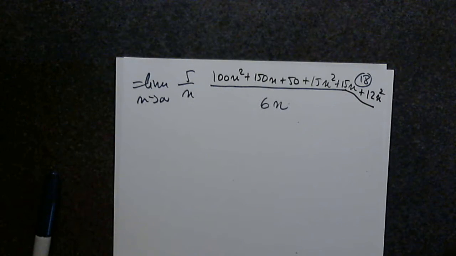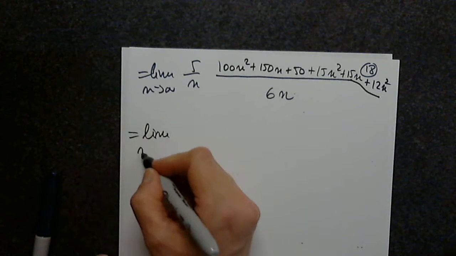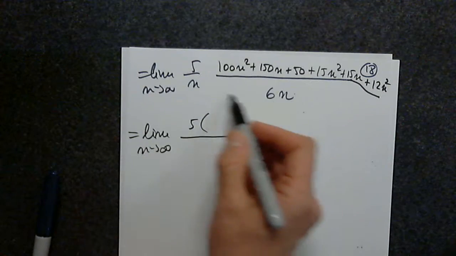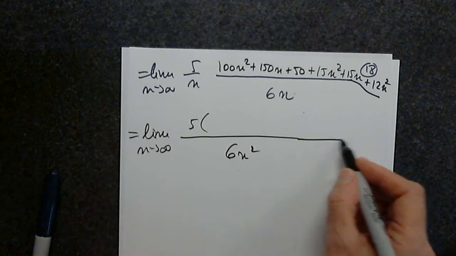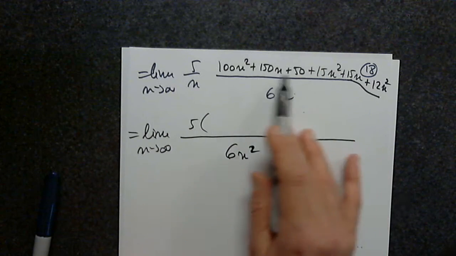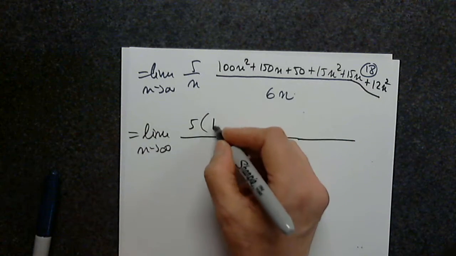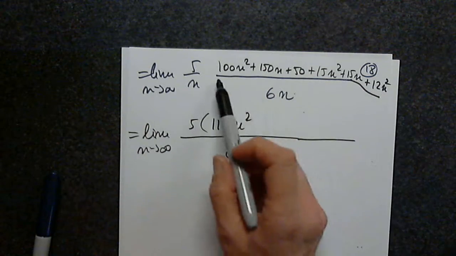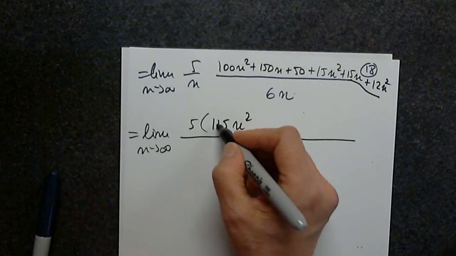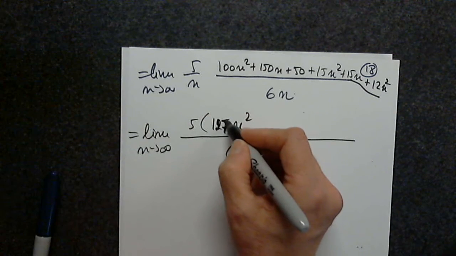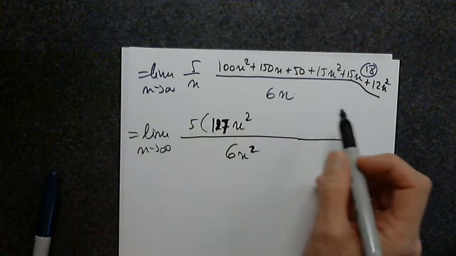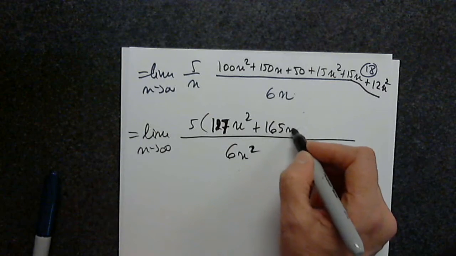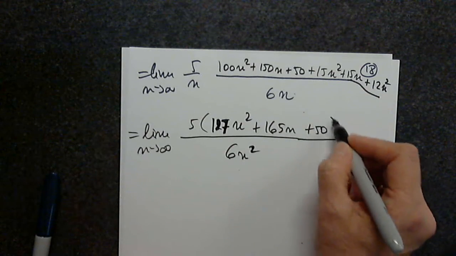Okay, so then limit as n approaches infinity, 5. The denominator now is 6n squared. So let's see. 100 plus 15, 115n squared. 150. Oh, I'm sorry. 127n squared plus 165n and plus 50.